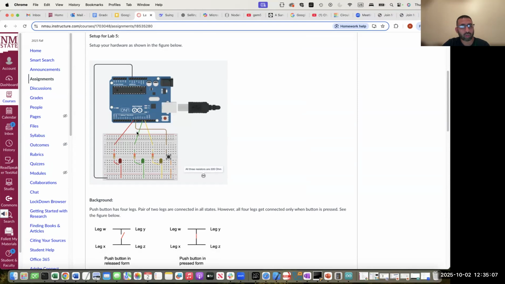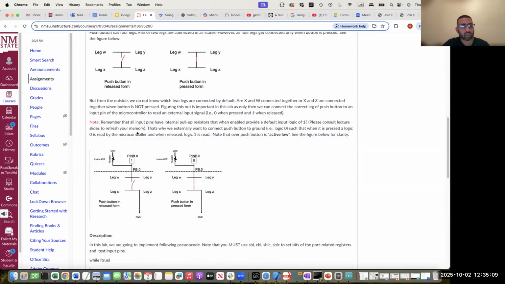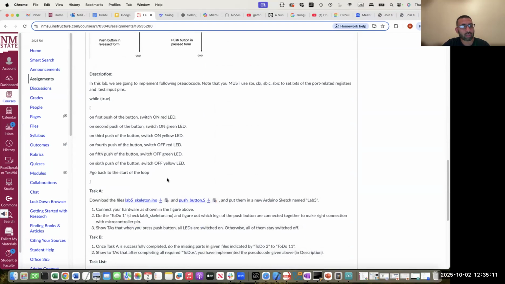And then what we need to do is implement the behavior shown here in the pseudocode. We want to have an infinite loop. When the push button is pressed for the first time, we want to switch on the red LED, and when it is pushed for the second time we want to switch on the green LED.